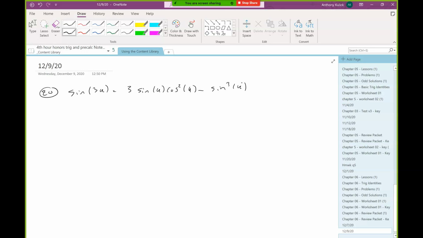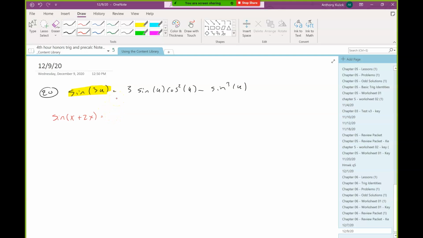So for this, what I'm going to do is I would start on the left-hand side because I see an obvious place where I can start using some of my angle sum and difference identities. So I'm just going to think about this as sine x times sine 2x, or sine of x plus 2x.